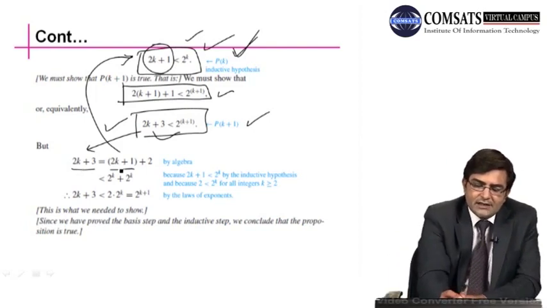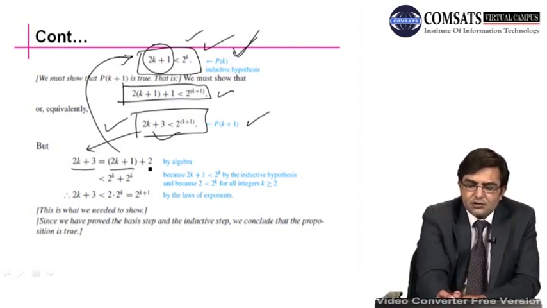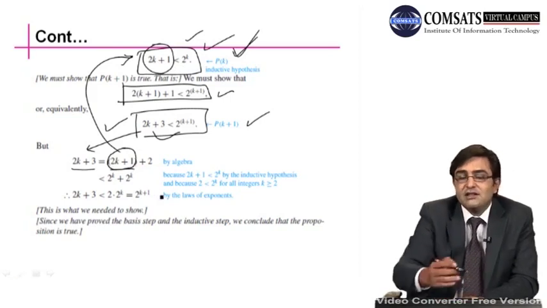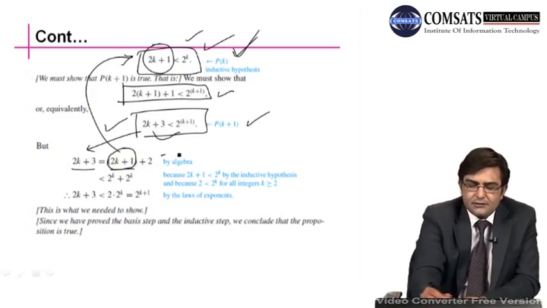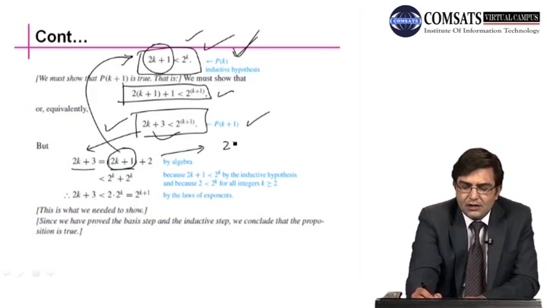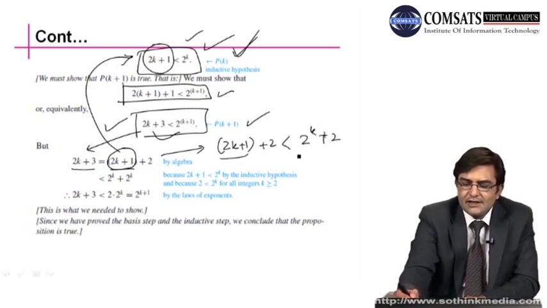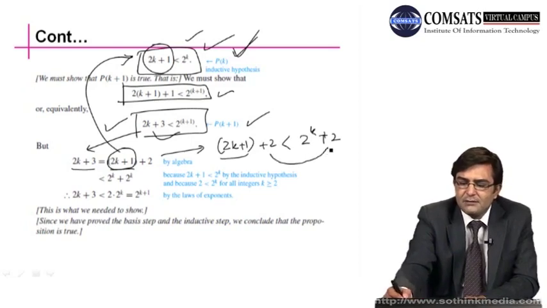So we write it as 2k plus 1 plus 2. Now 2k plus 1 is less than 2 power k by using the inductive hypothesis. So 2k plus 1 plus 2 is less than 2 power k plus 2, as this is less than this.